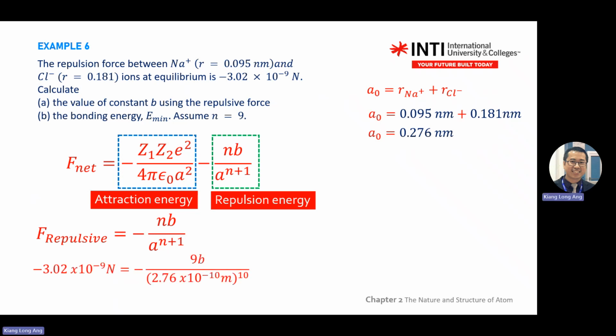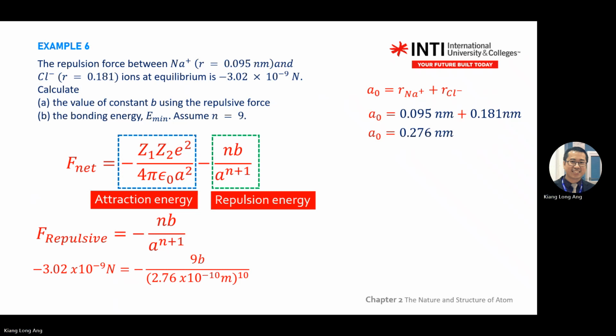So the repulsive force is negative. The repulsive force is this one, given in the question. So you put it inside there. N is 9. So substitute here.